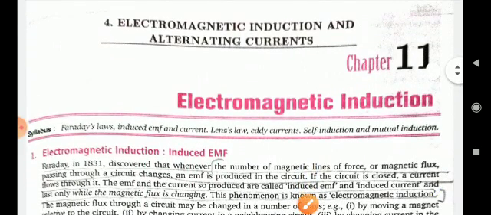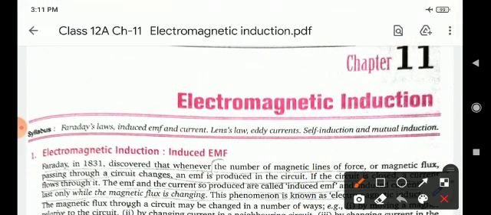Children, first I will study electromagnetic induction, induced EMF. What is electromagnetic induction? The phenomenon of production of induced EMF, and hence induced current, due to a change of magnetic flux linked with the closed circuit is called electromagnetic induction.